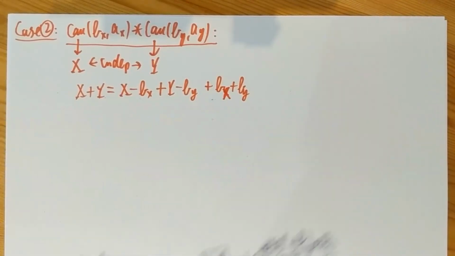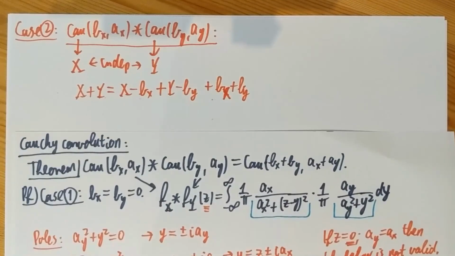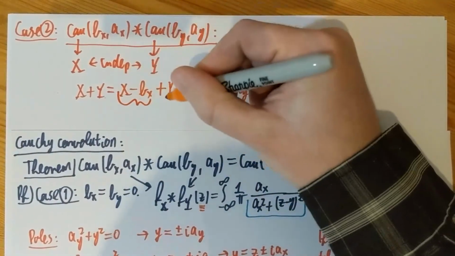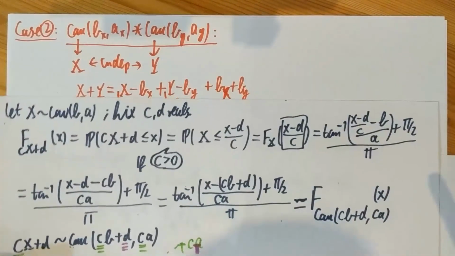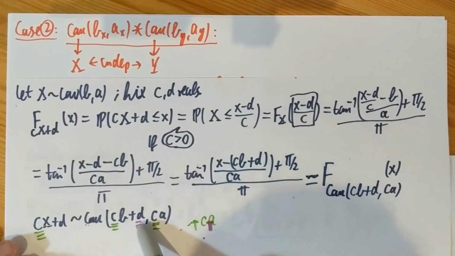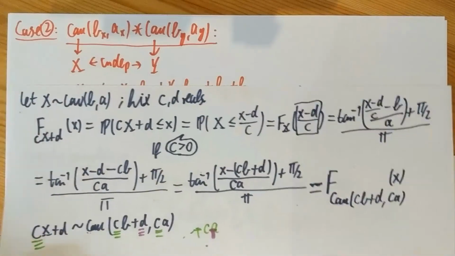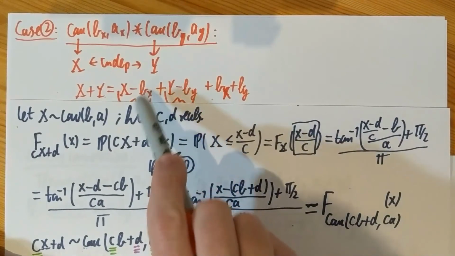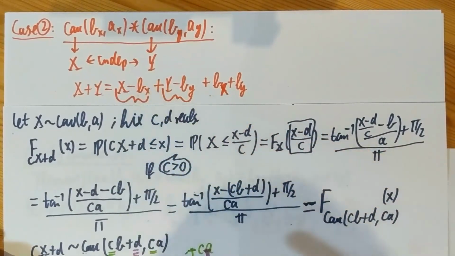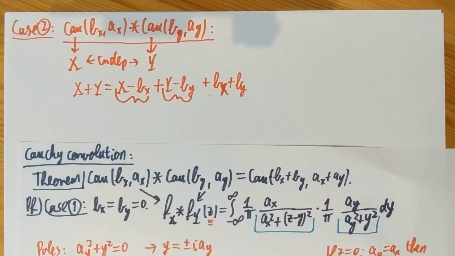Now case 1 applies to these, because according to the previous sheet, if I do d equals minus b and c equals 1, then I end up with the Cauchy of parameters 0 and the original a.